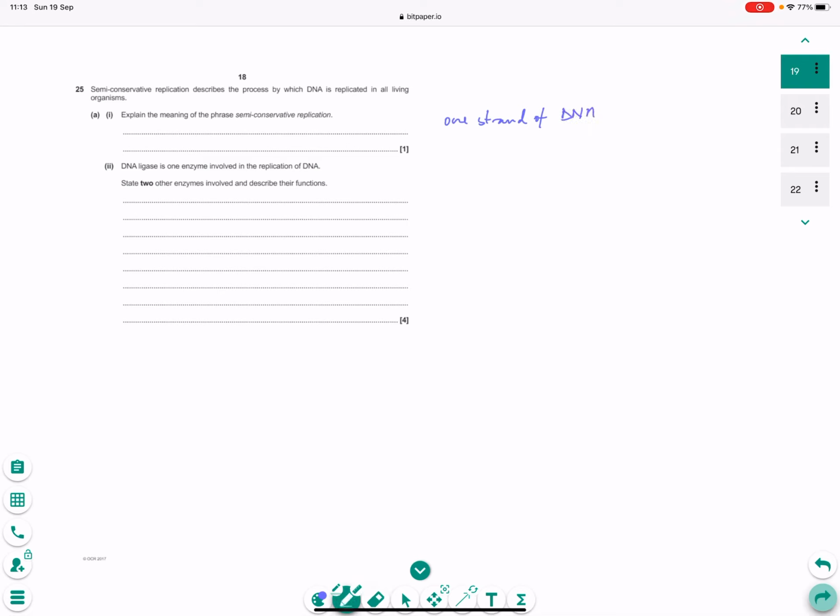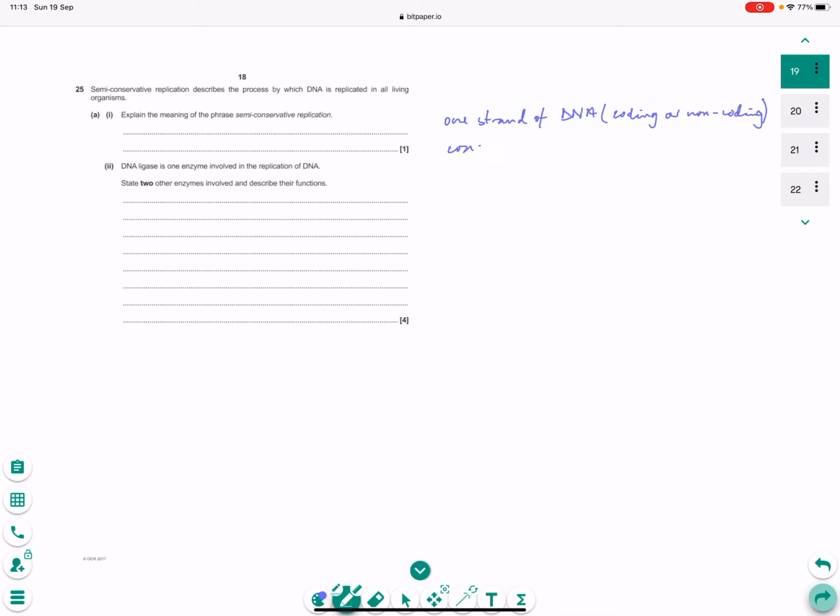So it'd be like the coding strand or non-coding strand. That's just to explain what I mean by strand, with all the nucleotides attached together in a long string.